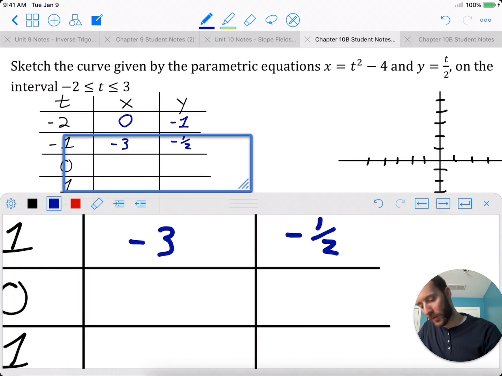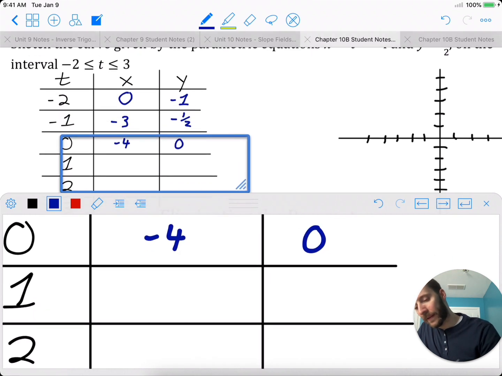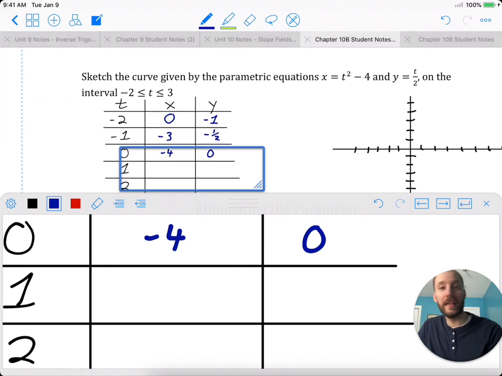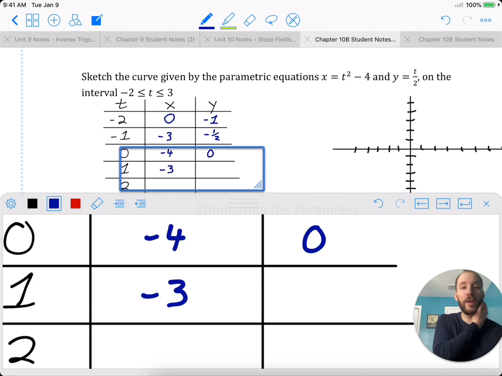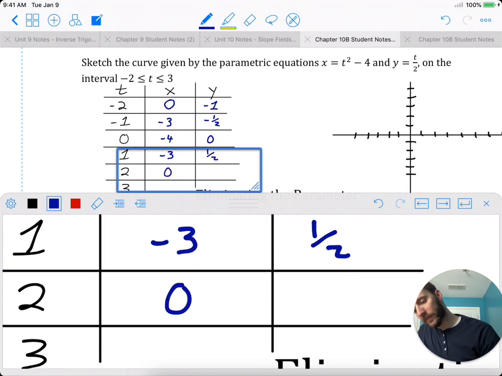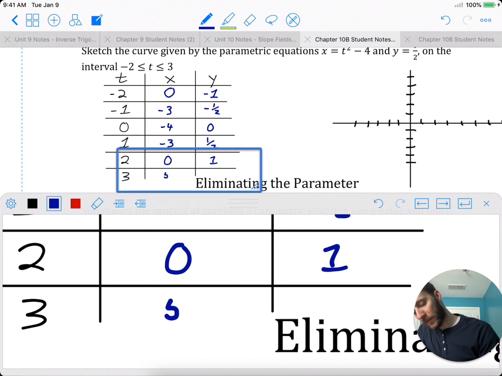At 0, we have negative 4 and 0. At 1, we have again negative 3, and y equals 1 half. And we just keep filling in this table. And 5 and 3 halves.